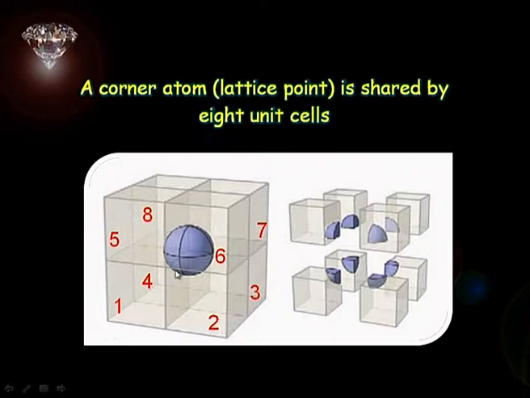Essentially this picture gives you the split up portion of that. Each small cube here has 1/8 of the lattice point. That means, each corner atom or lattice point is shared by 8 unit cells. So, the contribution of a lattice point or the atom occupying that to a unit cell is 1/8.